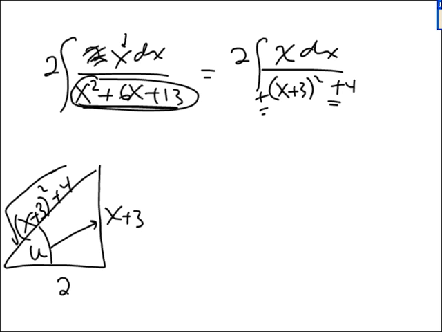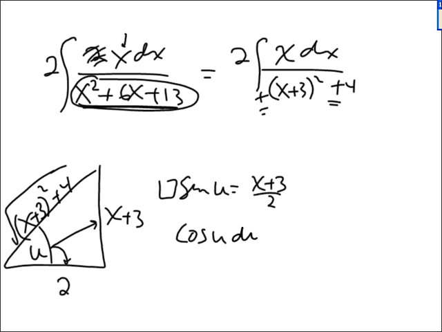The sine of u, opposite over hypotenuse, is something very nice. The sine of u is x plus 3 over 2. Sometimes I like to bring the 2 up there, but we'll leave it this time. Cosine of u du is 1/2 dx.